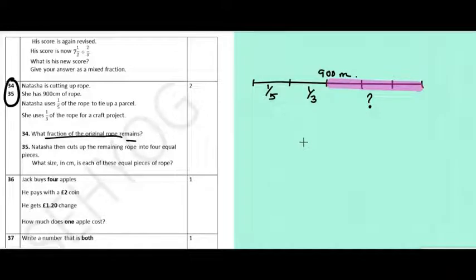As a fraction also. As a result, first we will add up the parts that we already know. So 1/5 plus 1/3. The LCM of 5 and 3 is 15. So we can turn both the fractions with the denominator of 15 as equivalent fractions.